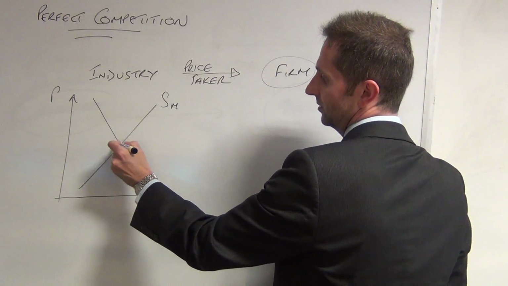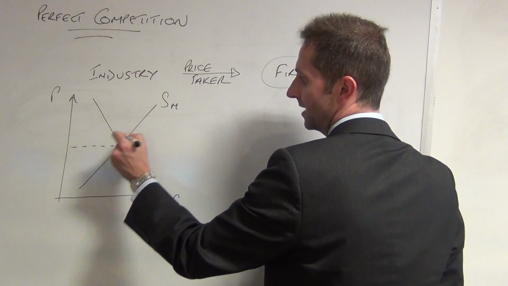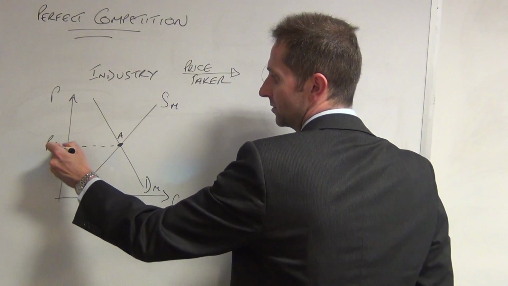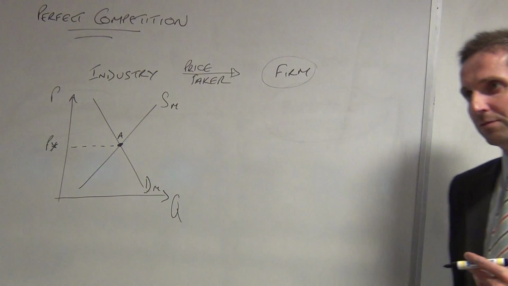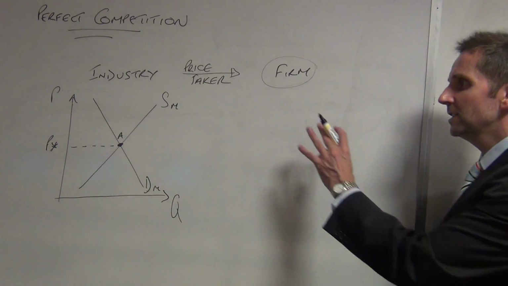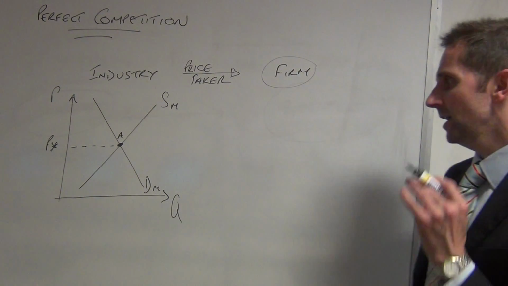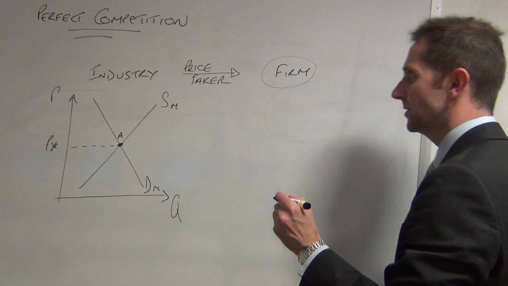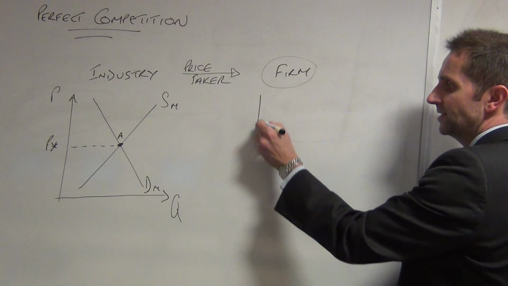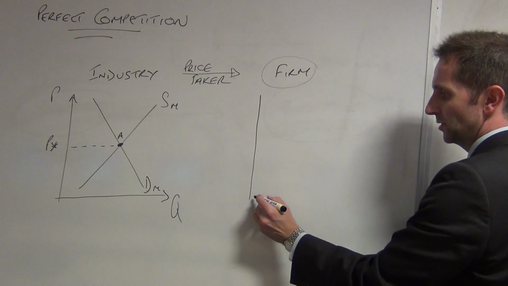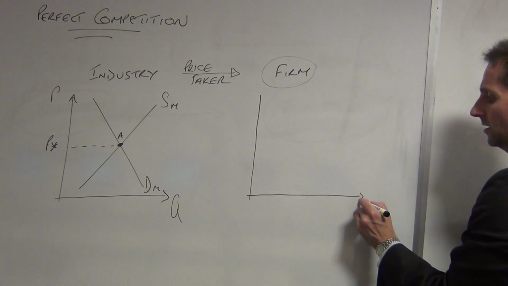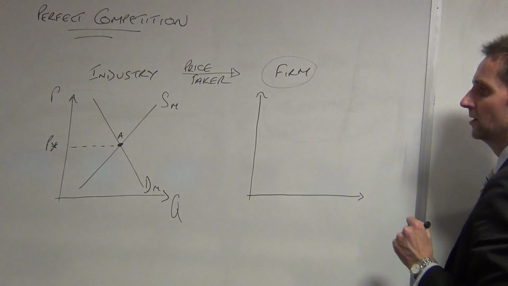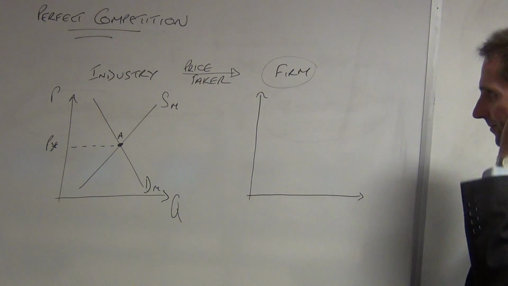And that yields an equilibrium at point A, which is equivalent, we're going to say, to P asterisk. Now, the individual firm simply has to accept whatever price is set by the industry, because they don't have the power, the influence to determine the price themselves.